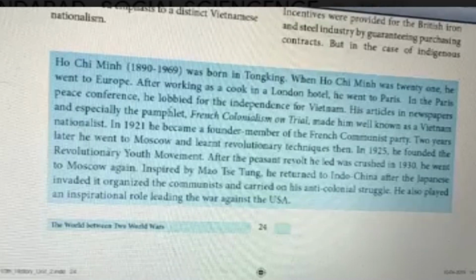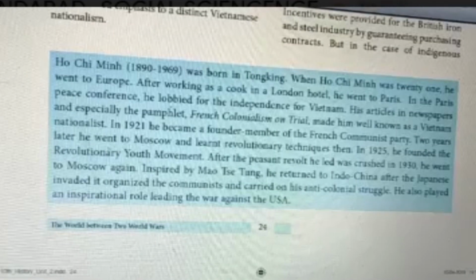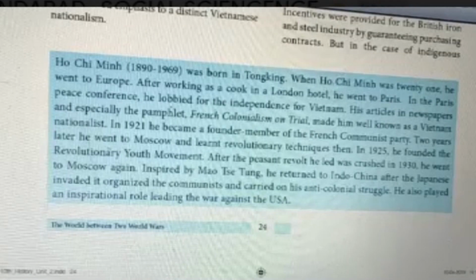The country was split into a communist north and a non-communist south. He became president of North Vietnam, and was determined to reunite Vietnam under communist rule.